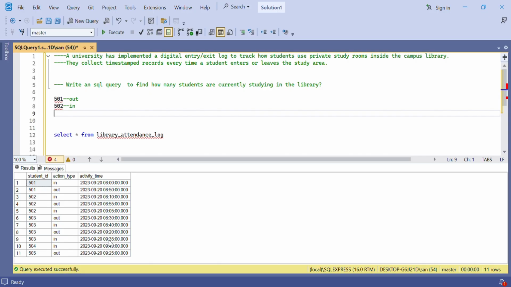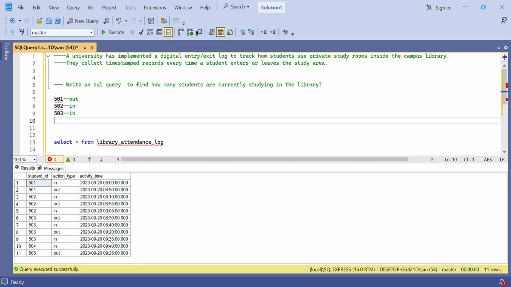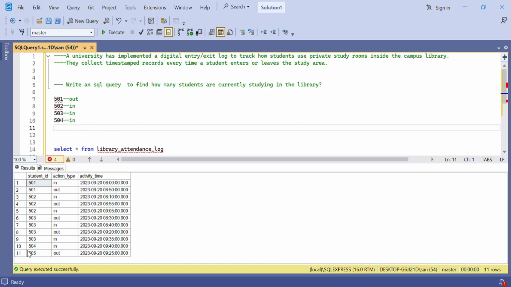So student 503 is also in the library. Student 504 enters the library and he didn't move outside the library, so this one is also in the library. Student 505 moved outside the library, so that means he is not in the library.